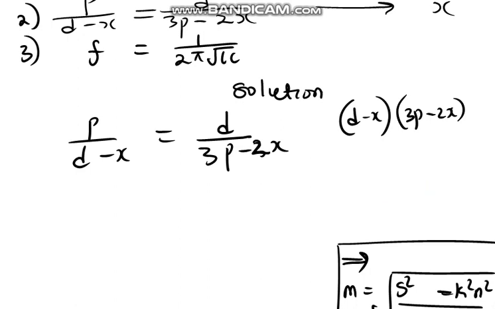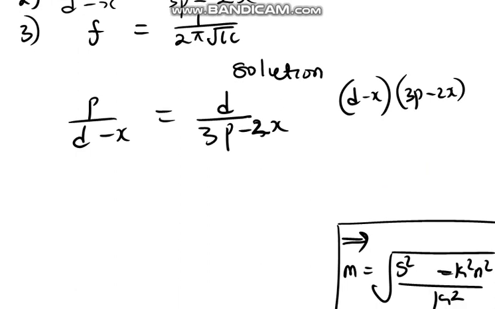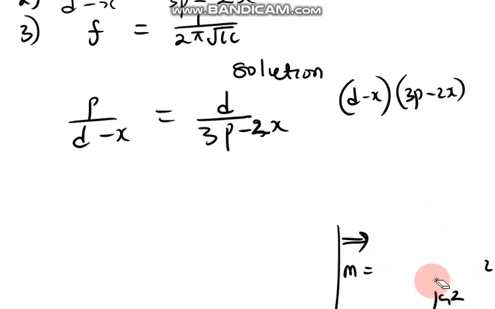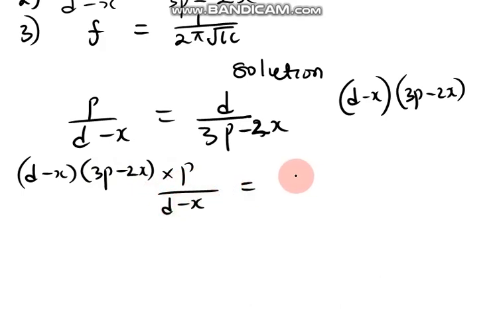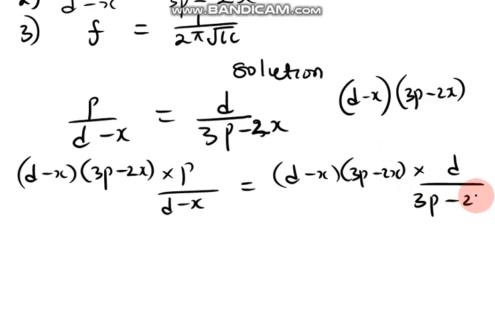If you multiply both the right hand side and the left hand side by the LCM, we're going to have that d minus x into 3p minus 2x, and then multiply by p over d minus x is equal to what? d minus x into 3p minus 2x multiplied by d over 3p minus 2x.